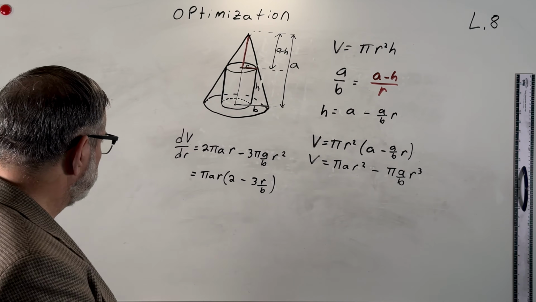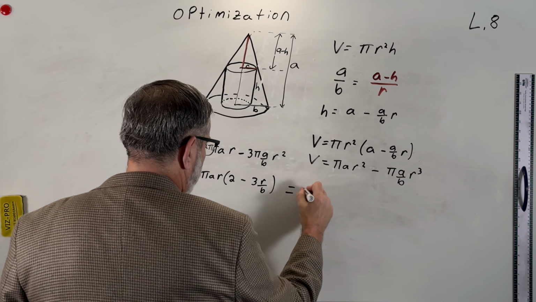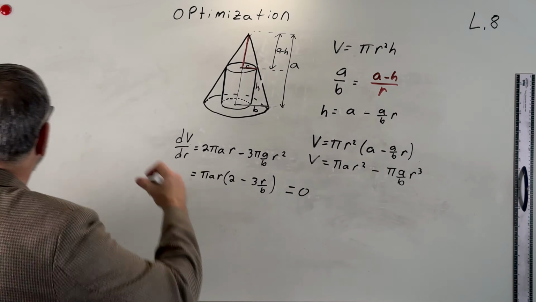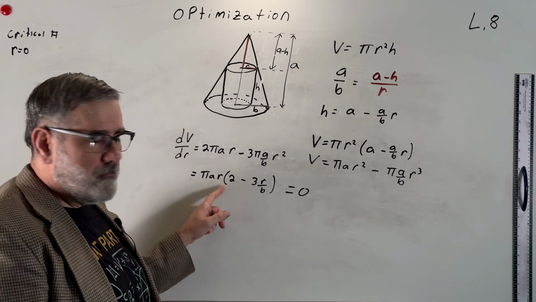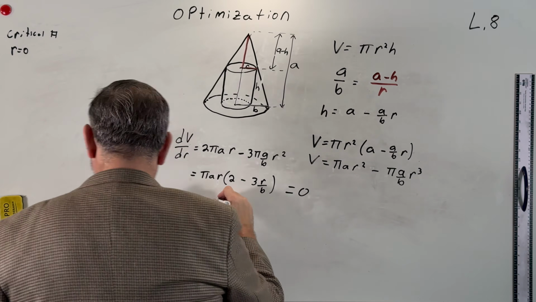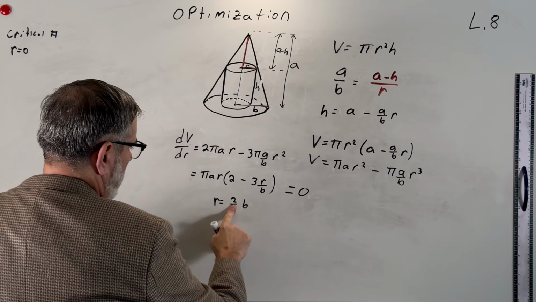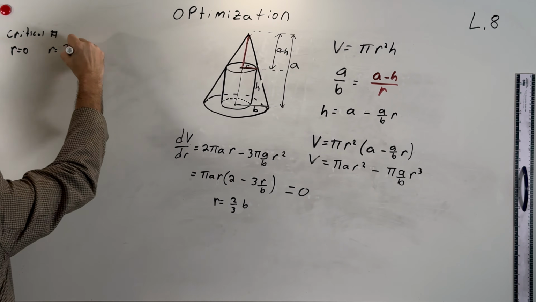Is that right? And so when this is equal to 0, that's two possibilities. Either pi a r is equal to 0, so we're getting some critical numbers now. r could be equal to 0, or 2 minus 3r over b is equal to 0, which means that r is equal to 2/3 b. So it's another critical number.